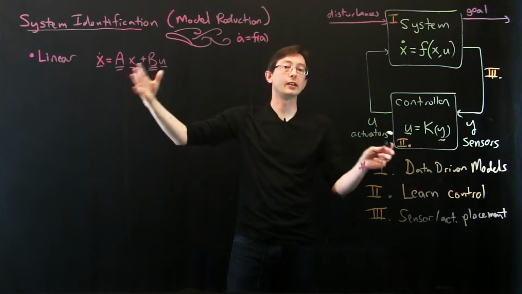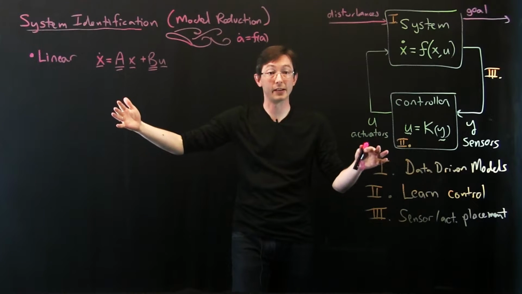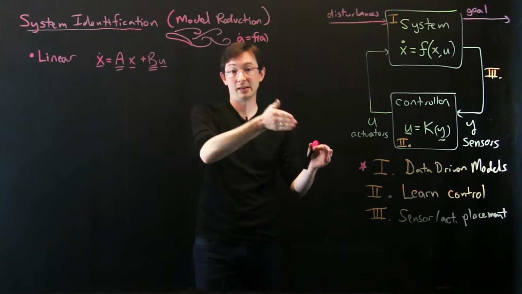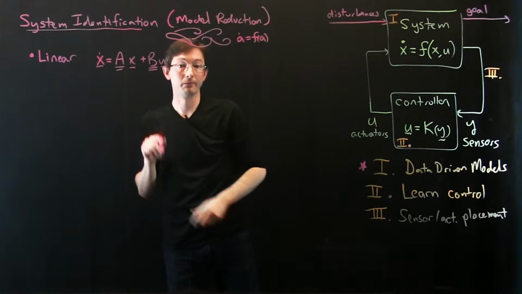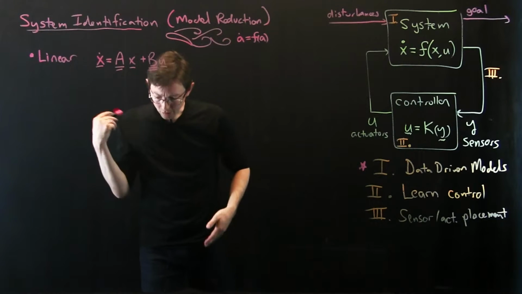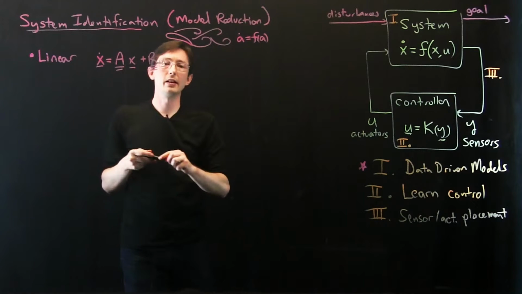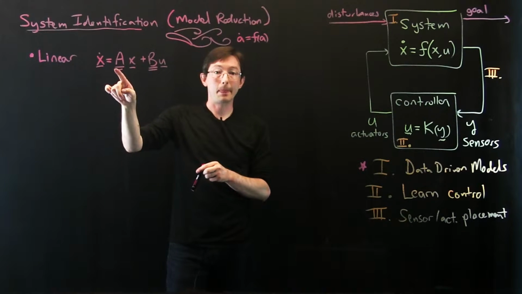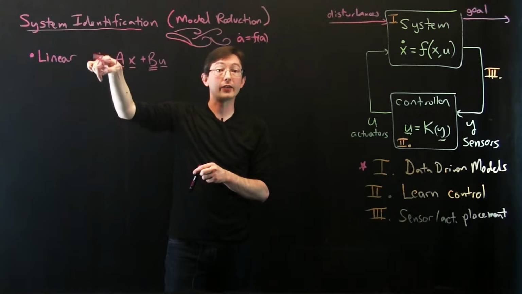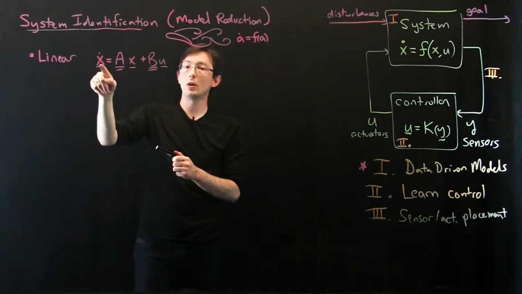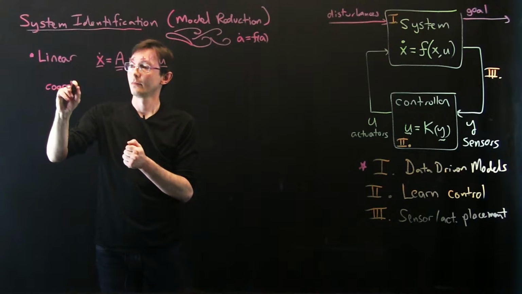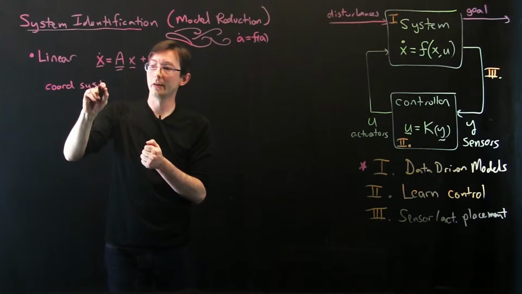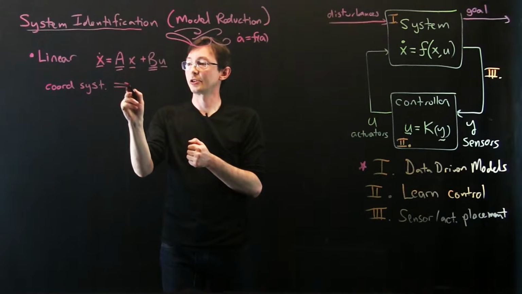That's probably the bulk of that half a century, from the 60s until recently. Most of that went into linear system identification. And one of the things of interest here is that oftentimes my system state might be very, very high dimensional. So I would also want to learn a good coordinate system so that I get a much smaller model.